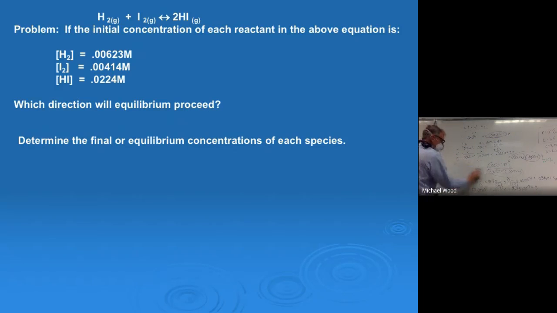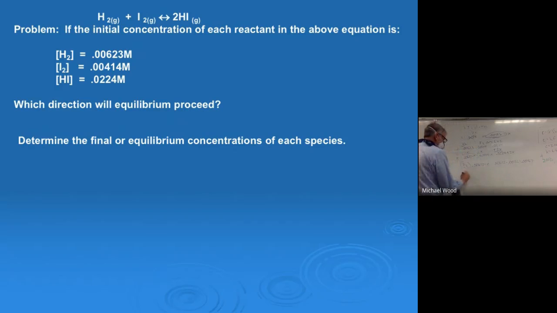So now, to solve for the H2, I have 0.00623 minus x. So if I plug x in, what I get is 0.00623 minus 0.00156. And that gives me 0.00467.